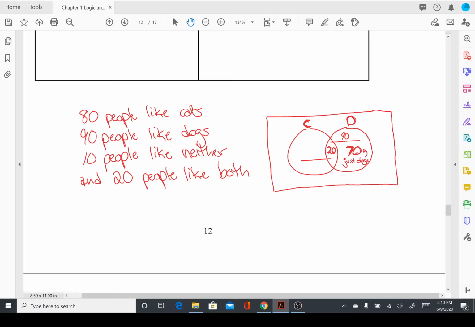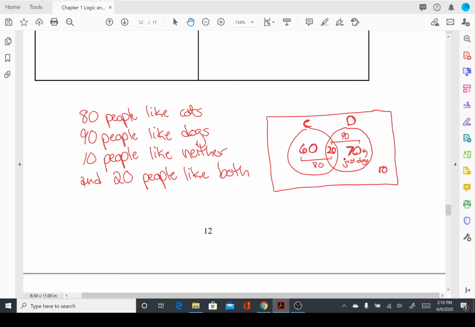The 90 was the 20 and the 70 together. Similarly with the cats, the total was supposed to be 80, so the people who just like cats is the 60. And the neither, that's pretty easy. You just stick them out there, no real math.